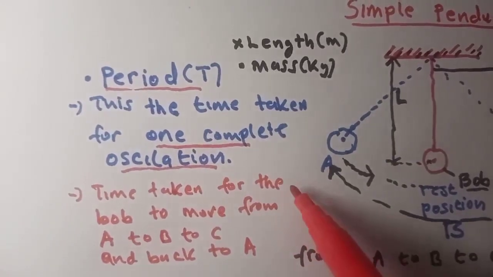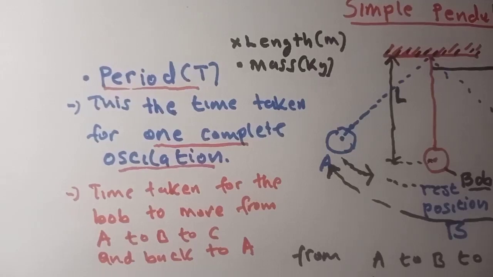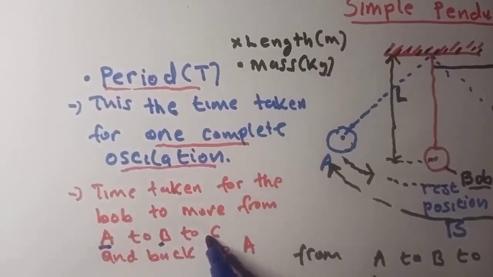Because the first definition is telling you what a complete oscillation is. A complete oscillation is simply the movement of the bulb from A to B to C and back to A.